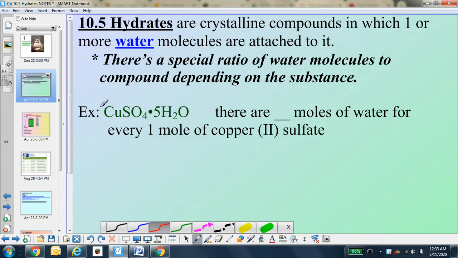So for every 1 mole of copper sulfate, and we don't write the 1, it's understood, we have 5 moles of water. Or you could say, for every 1 formula unit of copper 2 sulfate, we have 5 water molecules attached.